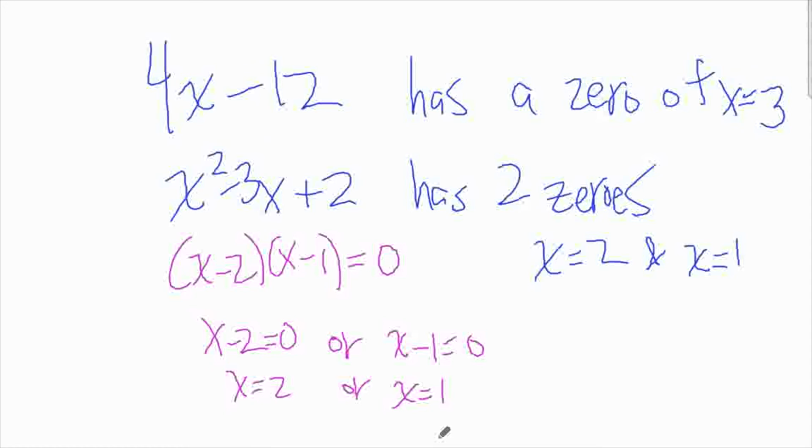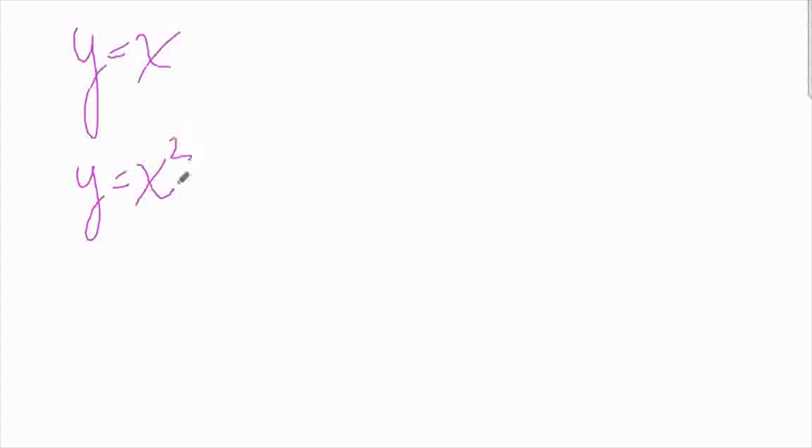Let's do one of the core building block polynomial functions. So for example, y equals x, y equals x squared, y equals x cubed. These are some of those core simple building block functions we were talking about earlier. Let's do the inverses of these polynomials if they have an inverse.